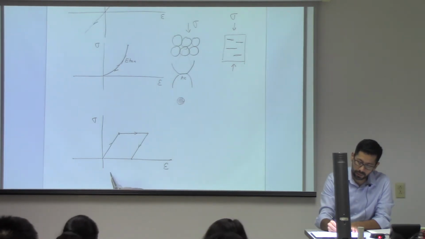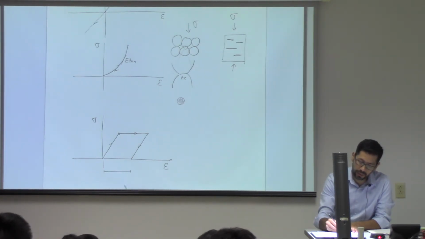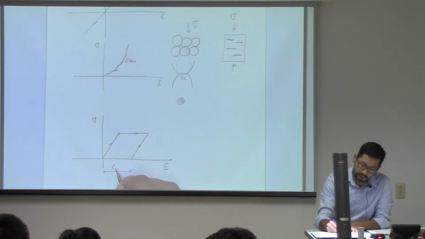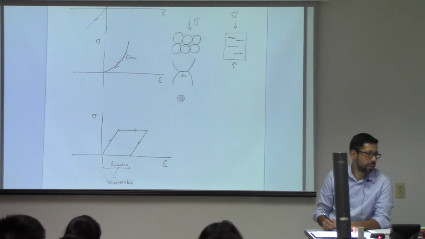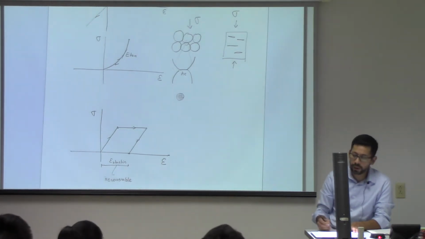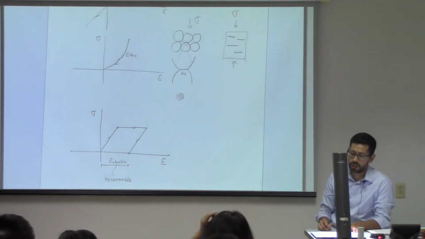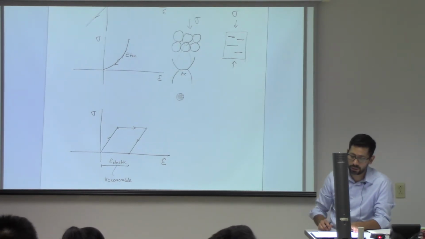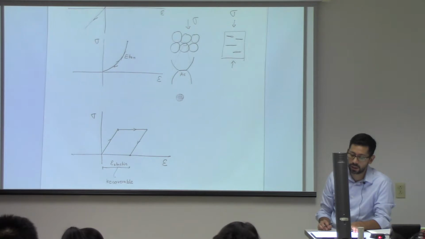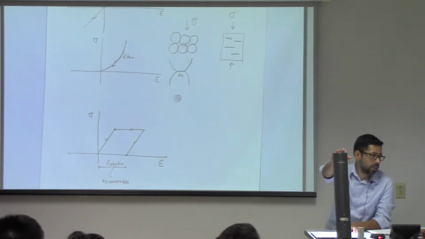You will have now a strain which is called a plastic strain, or also an irrecoverable strain, because you unloaded it, but you do not come back to the same point. And that's why this is also called inelasticity, because it's not elastic anymore.